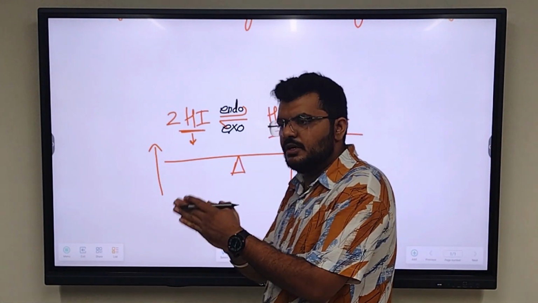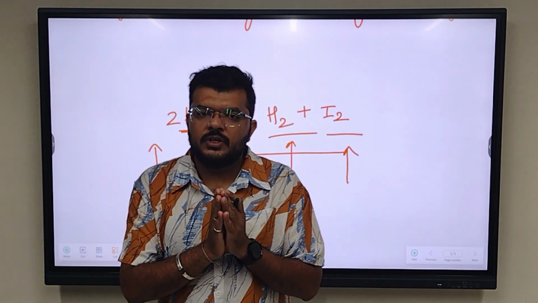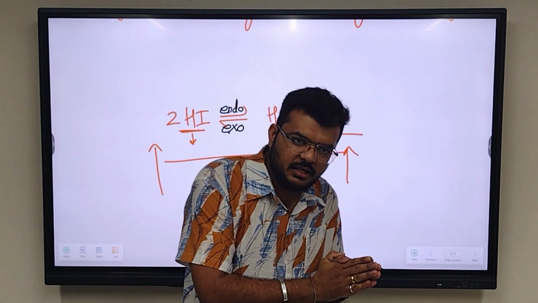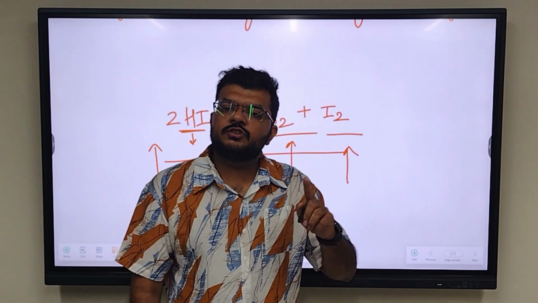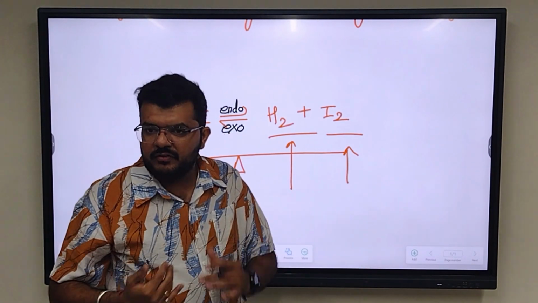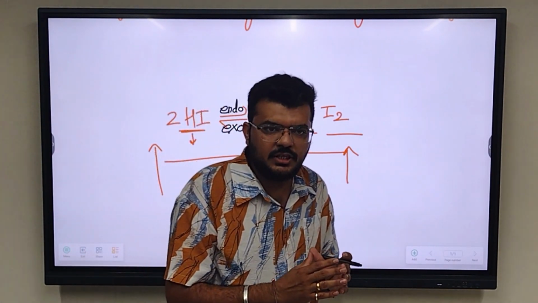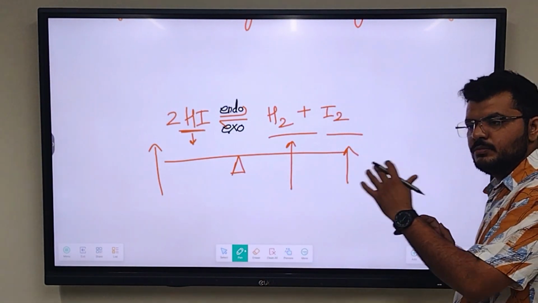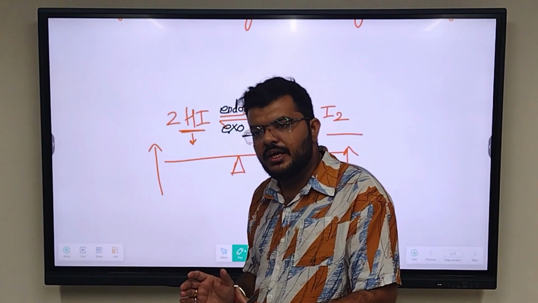If you increase the concentration of reactants, the concentration of products will increase. The equilibrium shifts towards right. So right and left is a very important terminology in equilibrium. The equilibrium shifts towards right and equilibrium shifts towards left is very important.